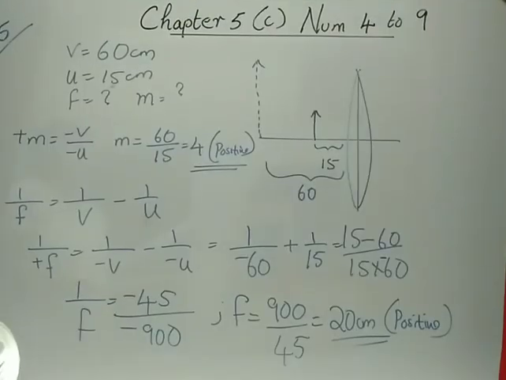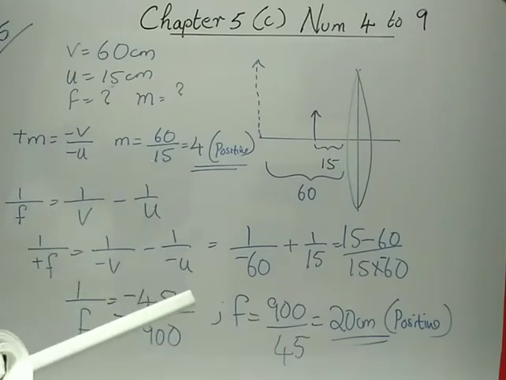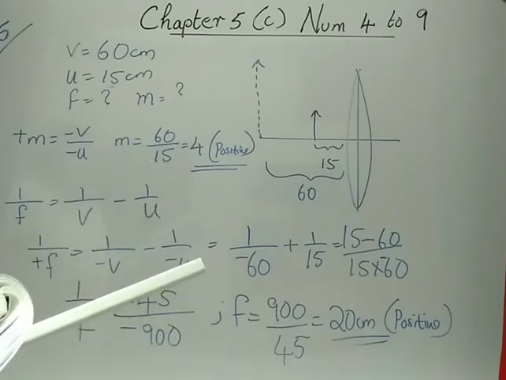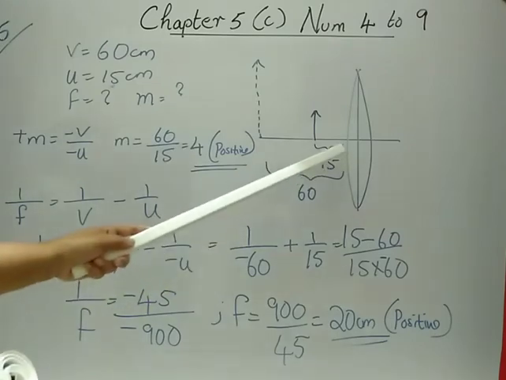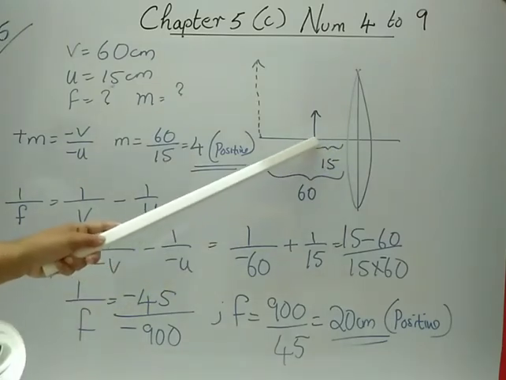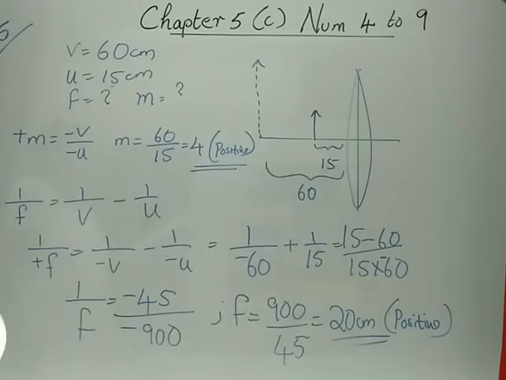Next, question number 6. A lens forms an image of an object placed at a distance 15 centimeter. For your convenience, please put a comma after that first sentence: a lens forms the image, comma.